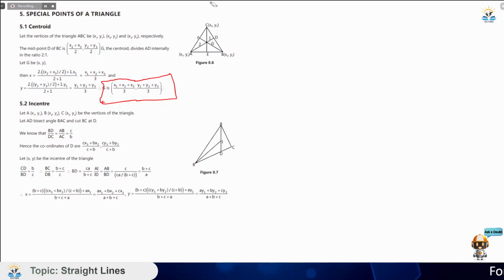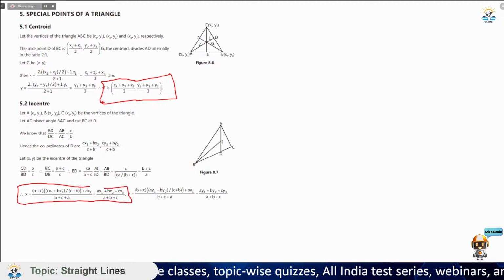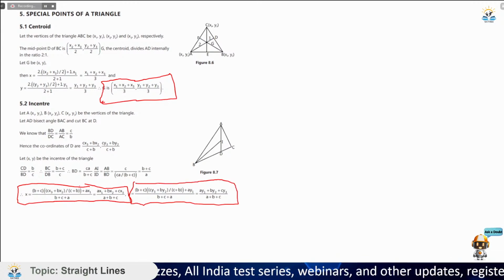Where the angle bisectors meet is the incenter. The incenter also has a formula. What is the formula? x is equal to (a x1 plus b x2 plus c x3) divided by (a plus b plus c), where a is the length of the line segment opposite to vertex A, this is b and this is c.